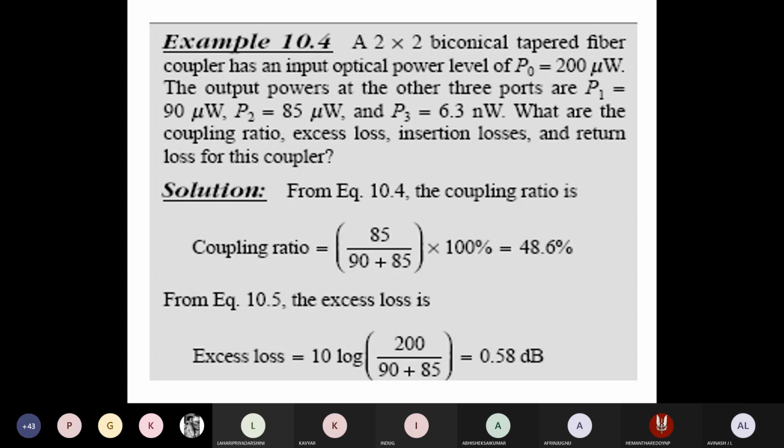They are asking for the coupling ratio, excess loss, insertion losses, and return loss of the coupler. To find these, we need formulas.